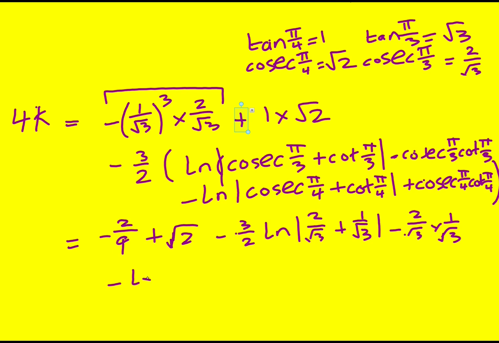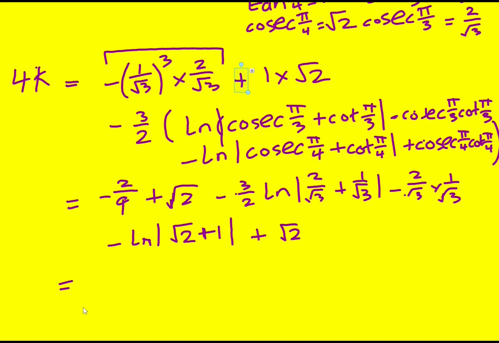Minus ln. Sorry, my pen again, I think I've just made this video really long, and my computer can't deal with it. So cosec pi over 4 root 2 plus 1 plus root 2 times 1, which becomes minus 2 over 9.